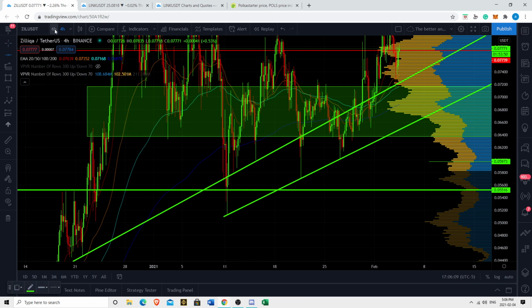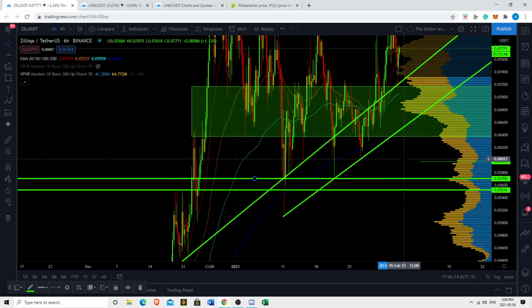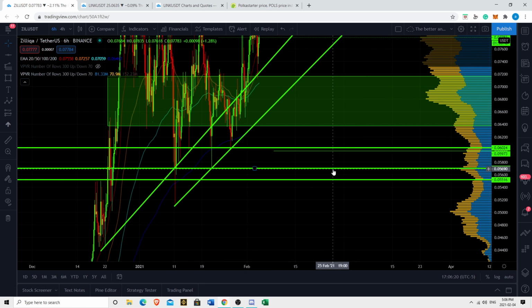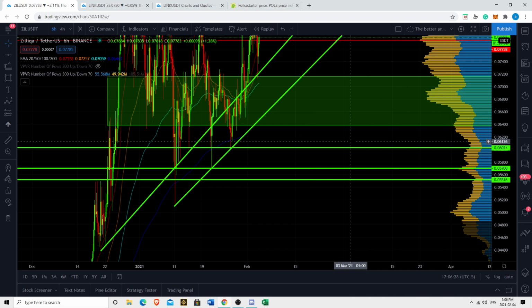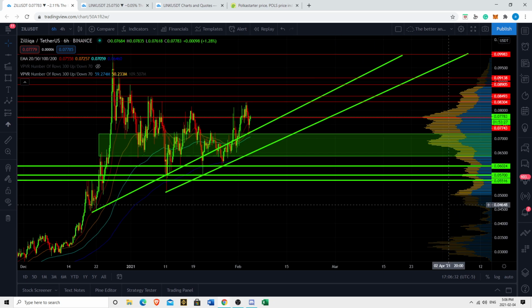Let's see if these different wicks line up. They do. So here and here is where I would draw support. Yeah, that's better. That makes more sense, guys. Okay, so in my opinion, these levels, 6 cents, 5.7 and 5.5 will be support, at least temporary support, if this area does not hold.